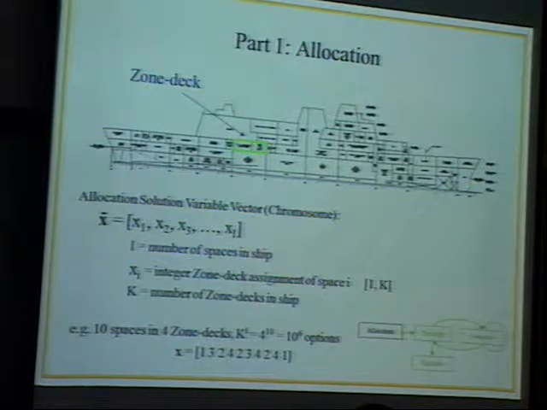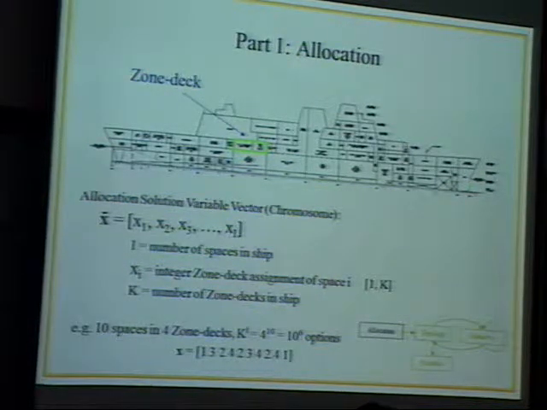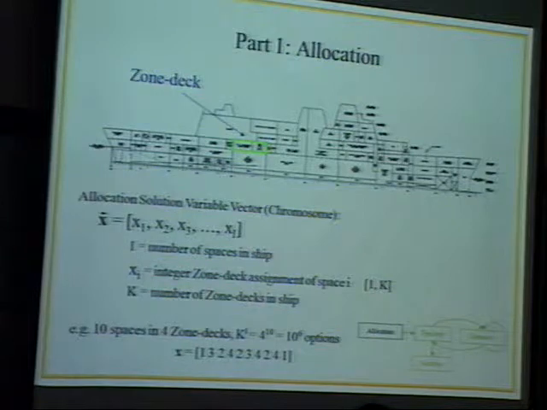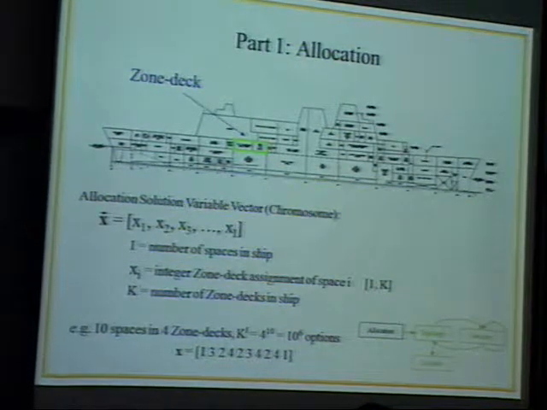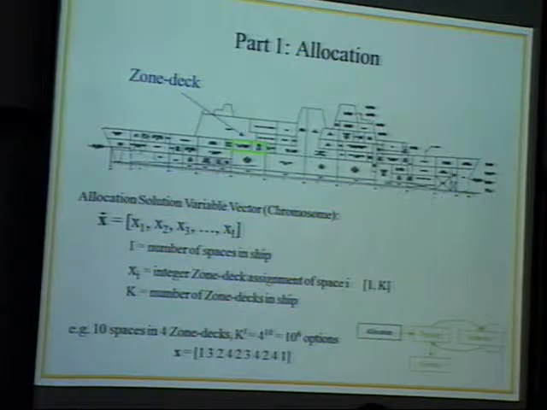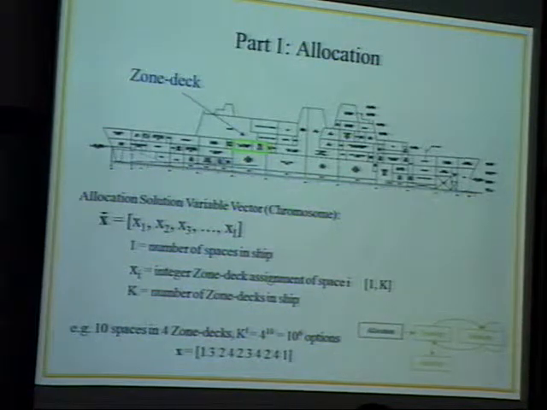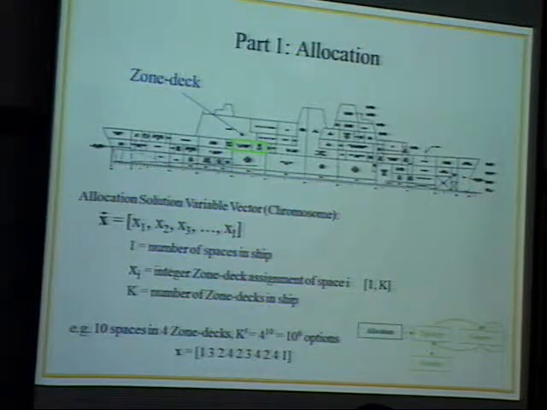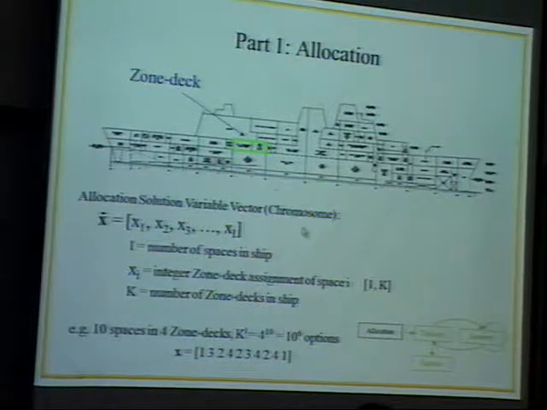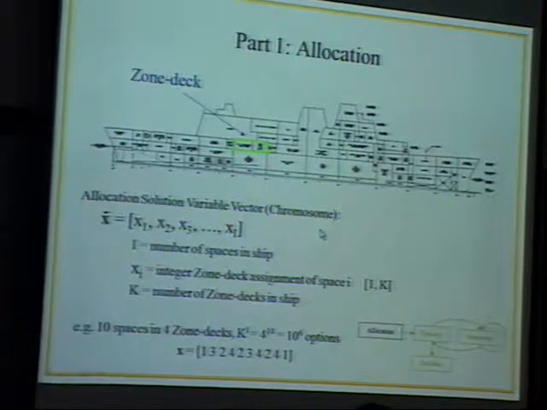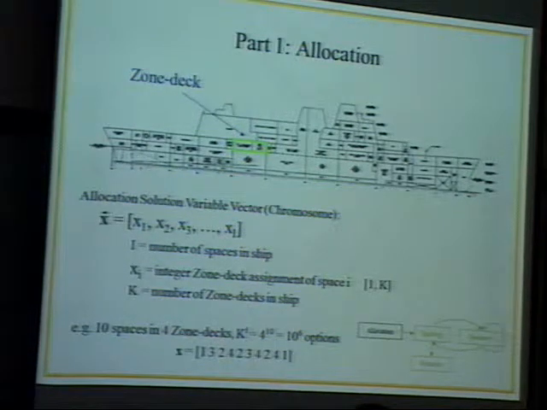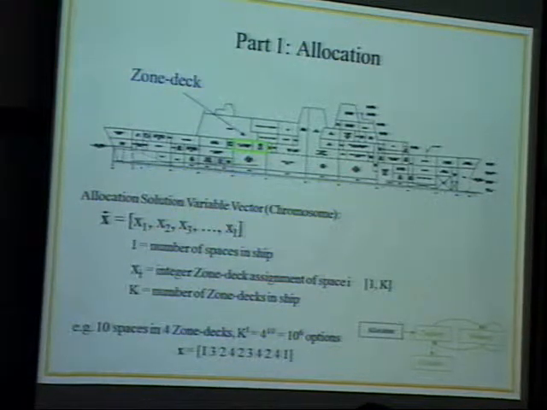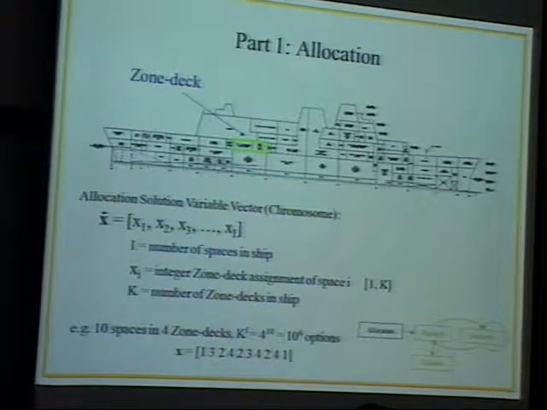this fitness function evaluation time, for example, took about 1 minute or so, then we calculated that it required about 100 years or so to find the optimal one. So it is virtually impossible to find the solution by the combinatorial approach, and it keeps increasing greatly as the number of spaces and number of zone decks increase.